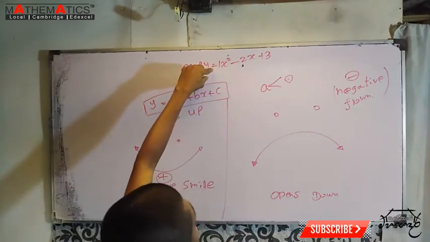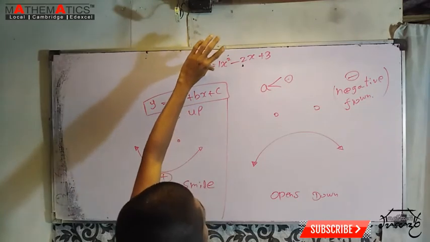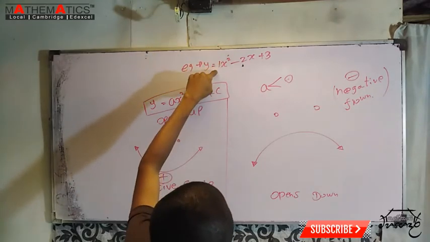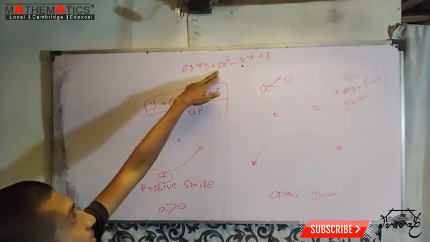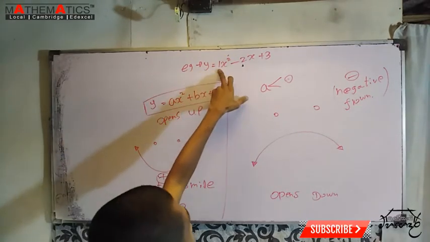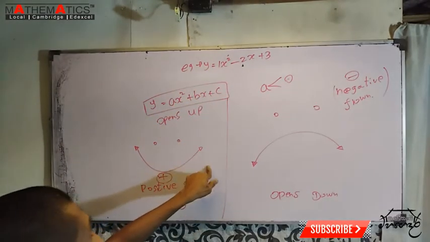As a first step, you have to look at the value in front of x^2. It is 1, positive 1. Because of this positive 1, it should be an opens up graph.